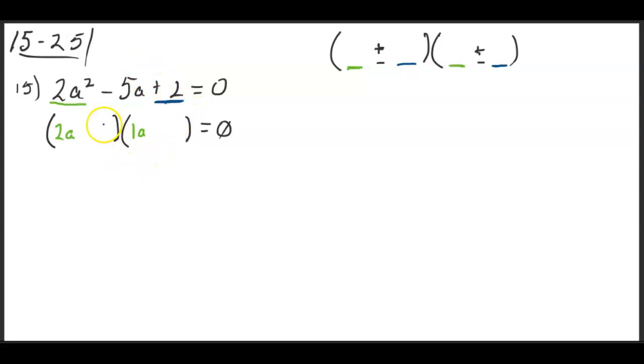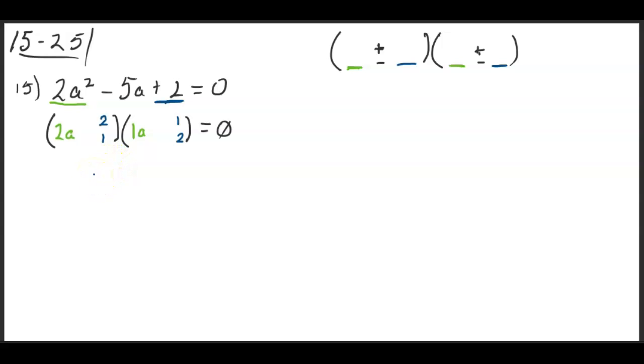So our options are, it could be a 2 here and a 1 here, or it could be a 1 here and a 2 here, right? So that's our options, okay? Now we have to figure out which goes where.